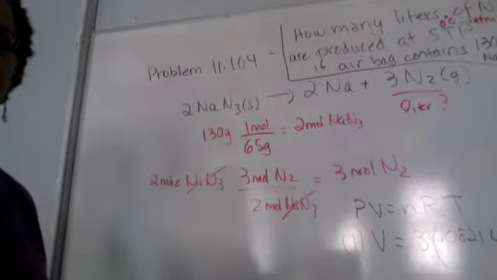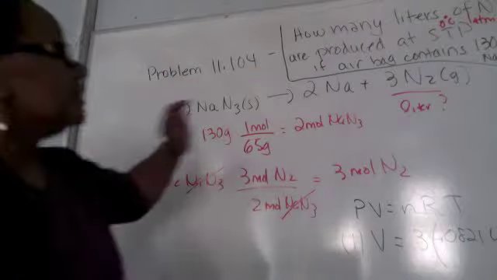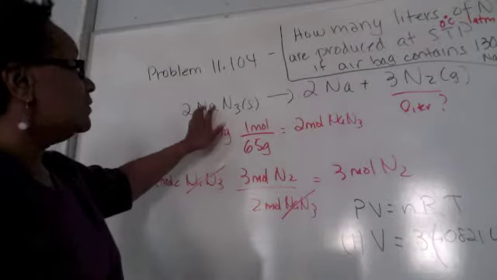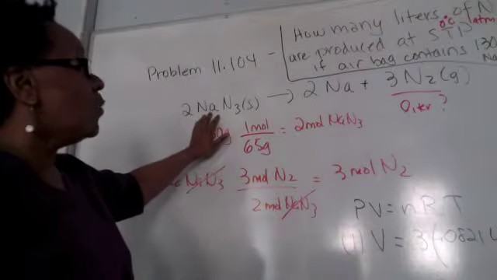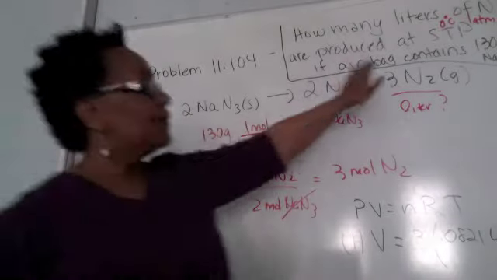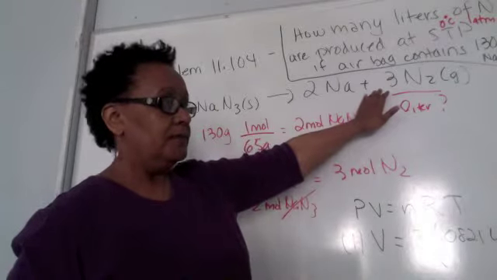Okay, let's go over this problem again. It's written up here in case you didn't get something. Okay, it gives you a certain amount of a material that's in a balanced equation, 130 grams of this. They want to know how many liters of this are going to be produced at standard temperature and pressure.